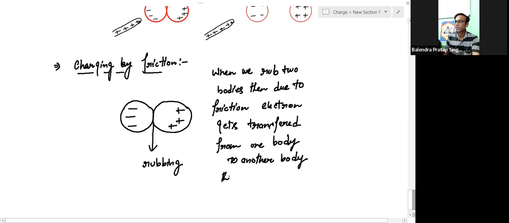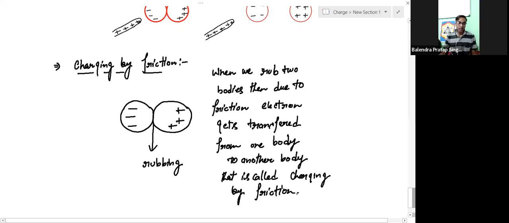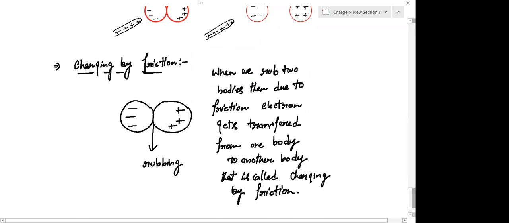That is called charging by friction. Okay, is it clear? Yes, sir.